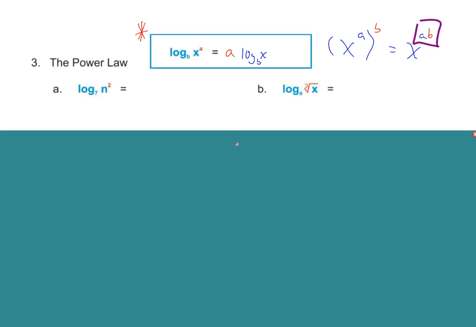So the first one, a, is pretty simplistic. You can put a 2 out front, right? 2 times the log of n in base 7. What are you going to do with b? Now we've got to apply things that we've learned involving roots and radicals, and also apply the power law, and we can deal with b.